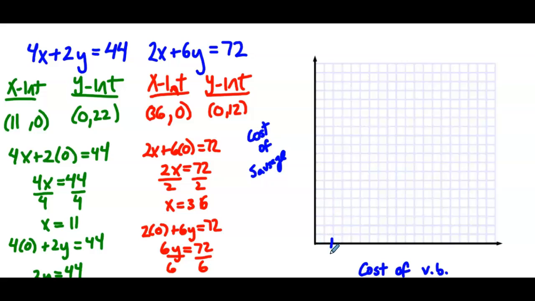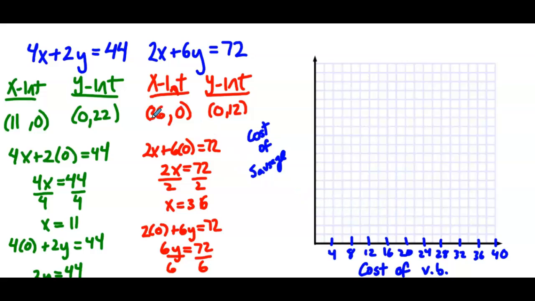So we have 2. If I'm going by every 2 boxes, then this is going to be 4, right? So it's 2, 4, 6, 8, 10, 12, 14, 16, and then we'll just go 20, 24, 28, 32, 36, and 40.